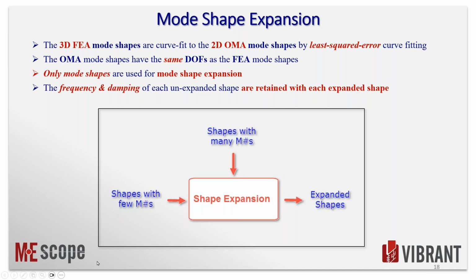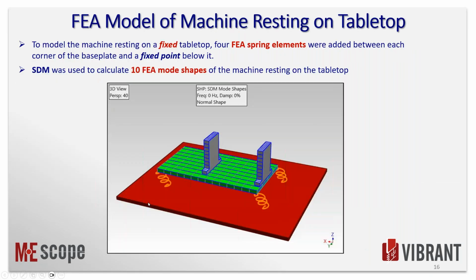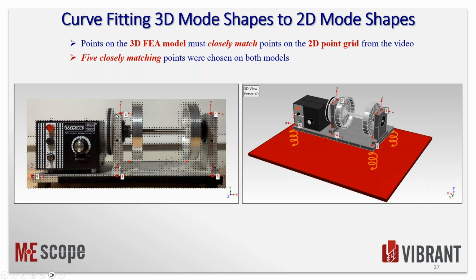So we're going to take the 2D mode shapes with a few degrees of freedom, just 2D, X and Y motion at these 5 points. So 1 on the top of each bearing block and 3 down here on the base plate. And then we're going to number those points the same on the FEA model.